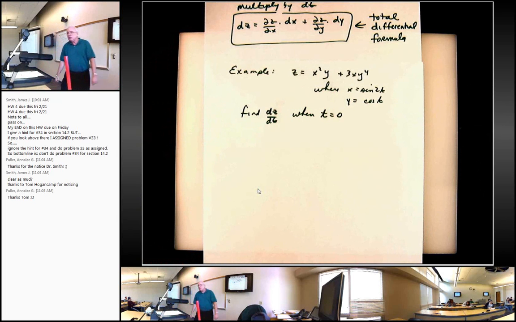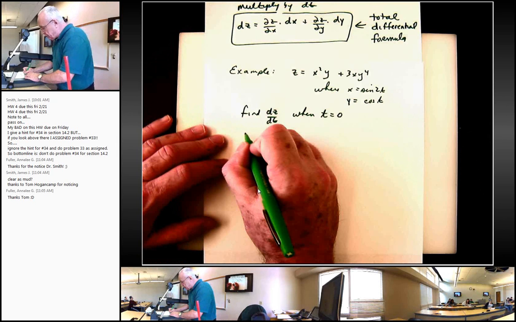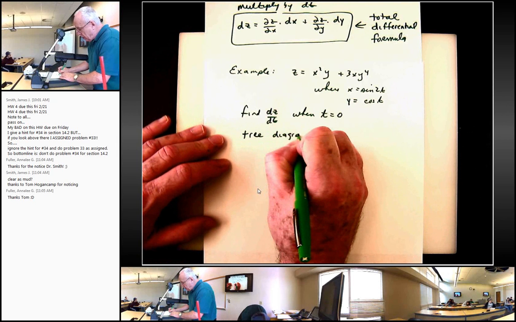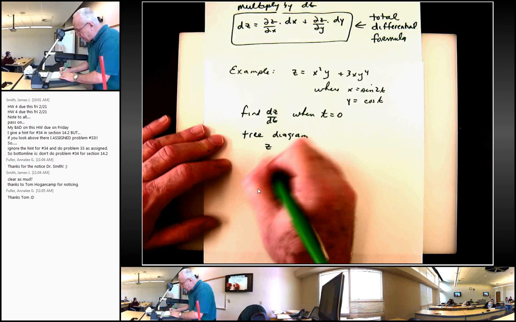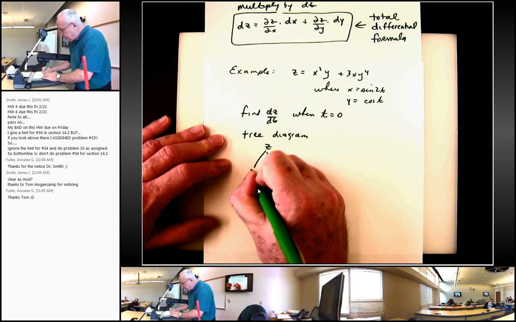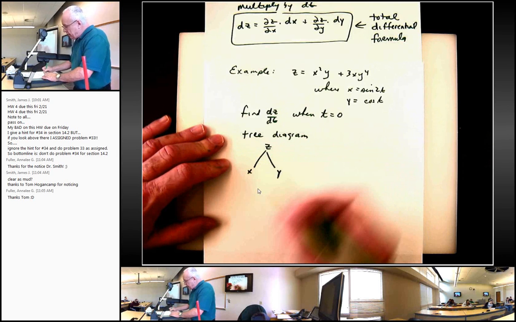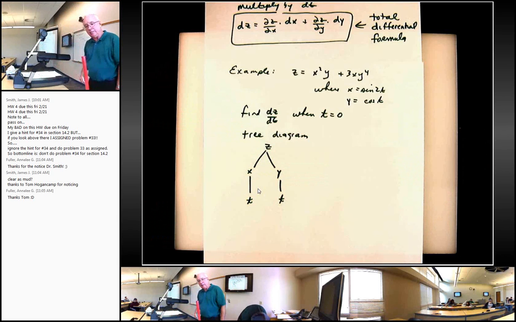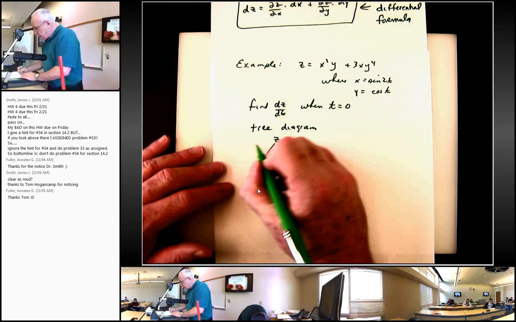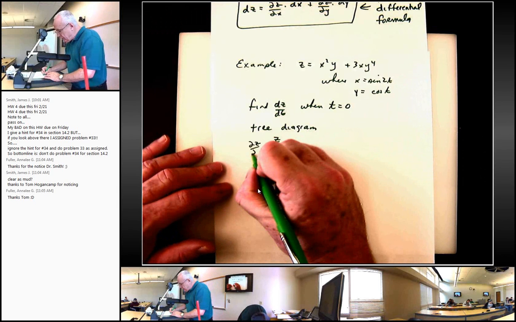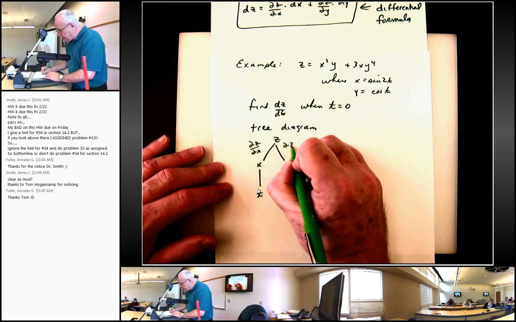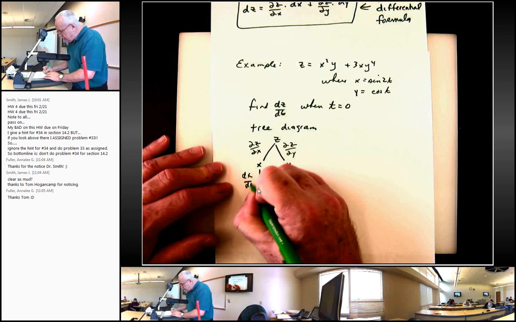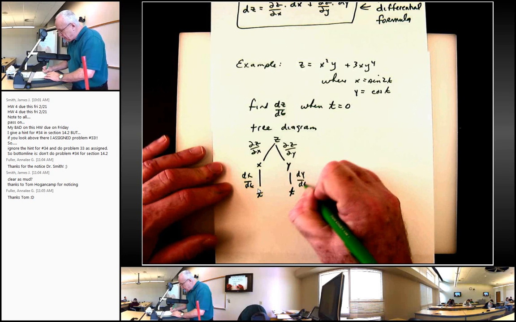Okay. So first of all, let's just draw the tree diagram. So our top variable is z. It's a variable of x and y, and in turn, x and y are variables of just t. Okay? So this is going to be ∂z/∂x, ∂z/∂y, dx/dt, dy/dt.